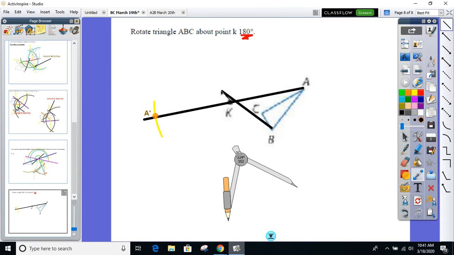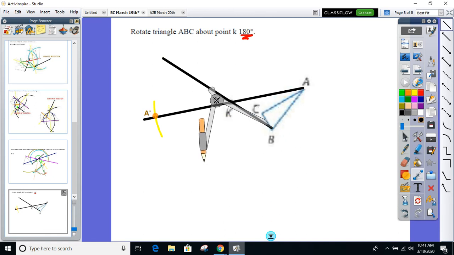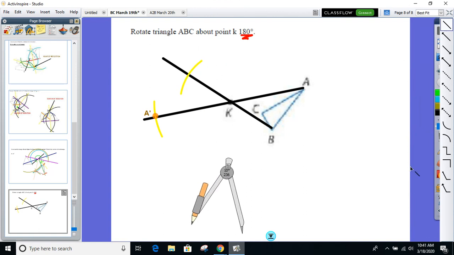So there's A prime, and then we just keep on rocking. So here we go, B through K on the other side. Measure the distance and copy it over. And call that B prime.